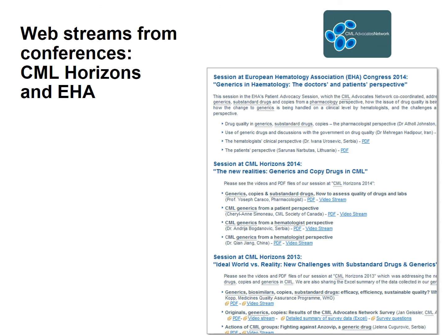Like I said, there are also web streams from conferences, like from CML Horizons and EHA. On this screenshot, it can be seen how that looks. They're all available as both PDF presentations as well as video streams on CML Advocates Network.